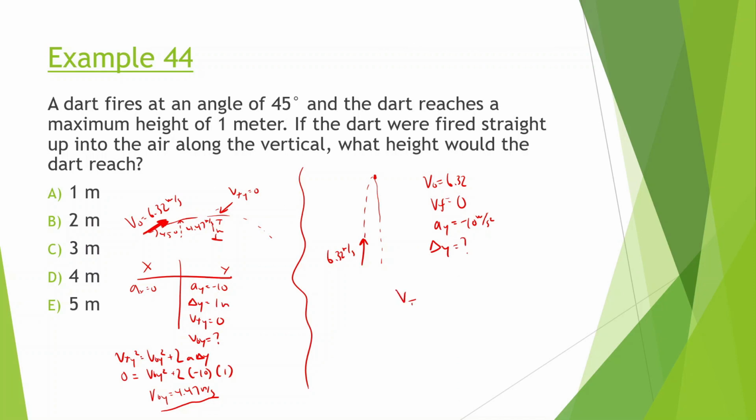So vfy squared is equal to v initial y squared plus 2a change in y. It's going to be 0 is equal to 6.32 squared plus 2 times negative 10 times change in y. Change in y is equal to 6.32 squared divided by 20. 2 meters.